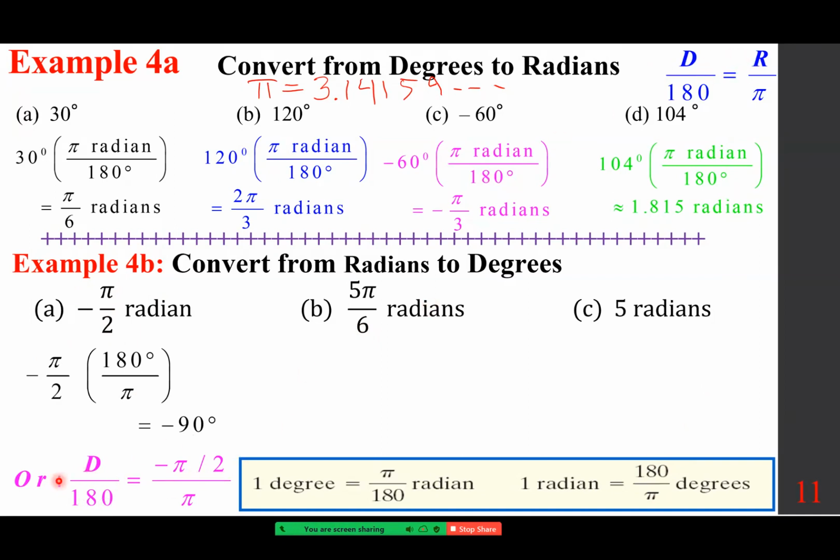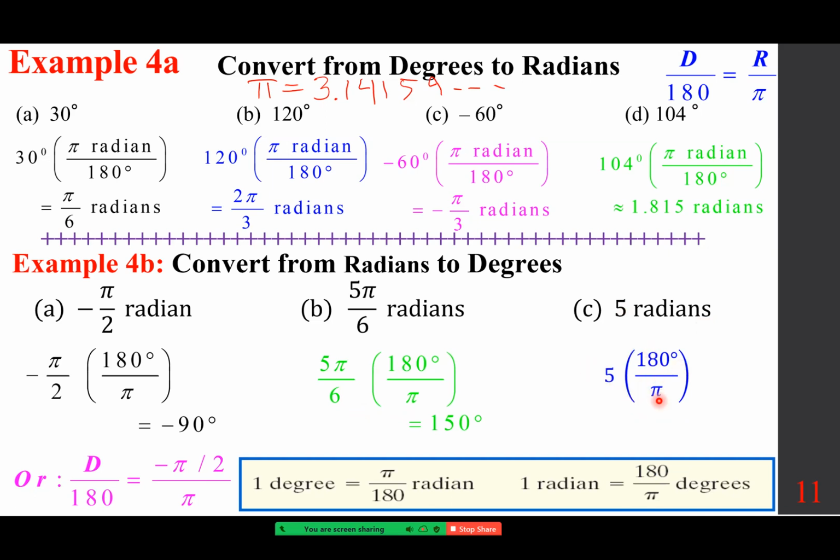With this formula, you can put it here. Okay. If we use this one here, the pi's cancel out. 180 cancels out, the 6 becomes 30 times 5, 150 degrees. And 5 radians. Now again, at this point, we need a calculator because we don't have a pi to cancel out.